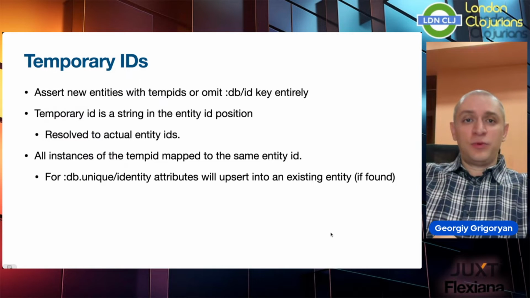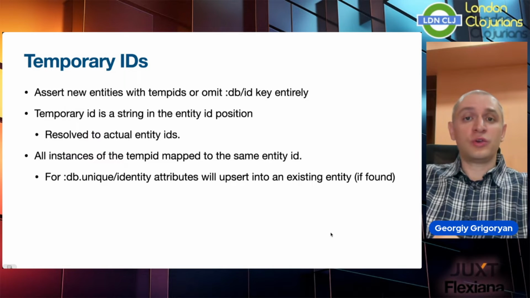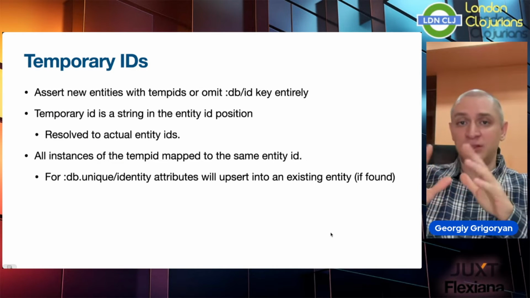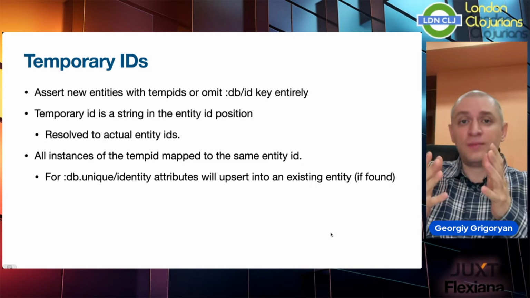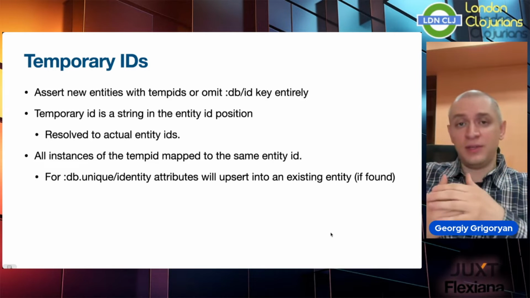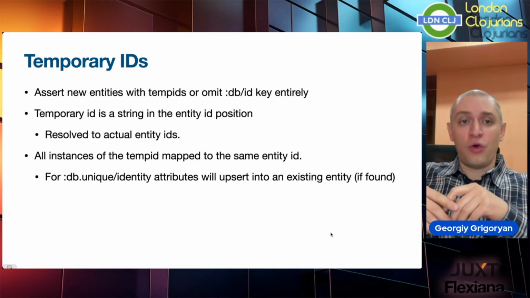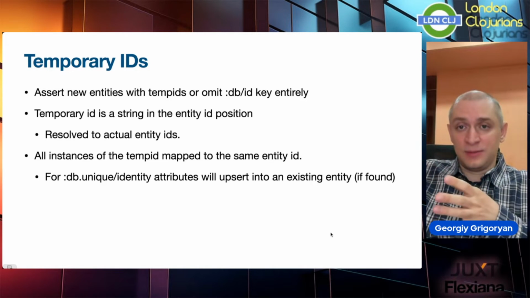Temporary IDs are supported, and temporary IDs help you assert new entities, or you can also just omit the DB ID key entirely. But with temporary IDs, it's a string in the entity ID position, and after the transaction completes, it gets resolved to an actual entity ID. And all instances of a temp ID map to the same entity ID.